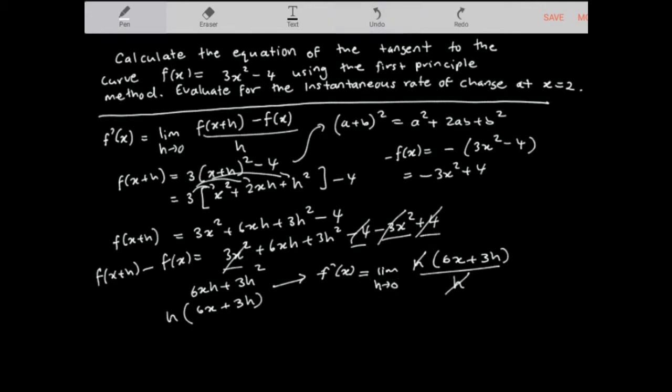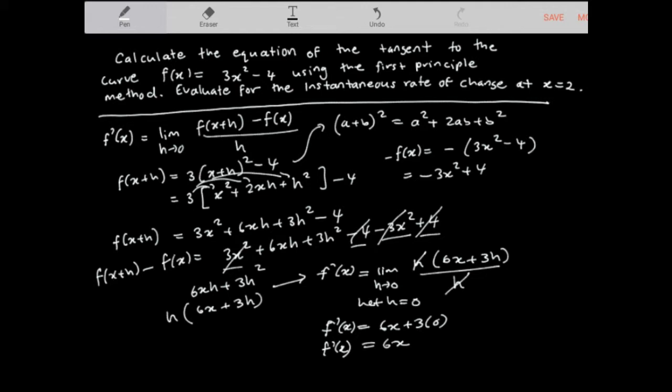If h can approach 0, we can let h equal 0 now, and f prime of x, which is the slope of the tangent, is equal to 6x plus 3 times 0, which is basically 6x. So the equation of the slope of the tangent is 6x.